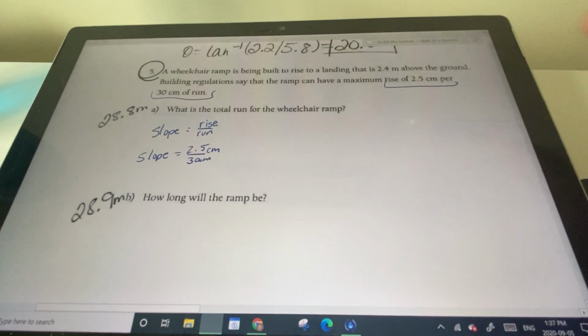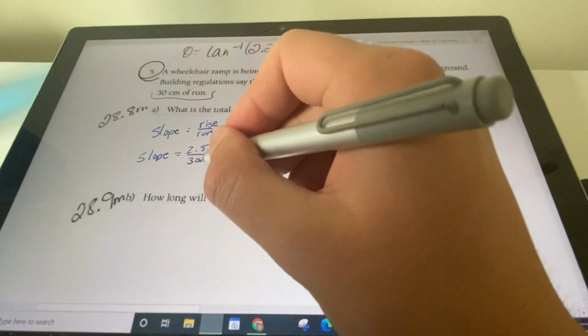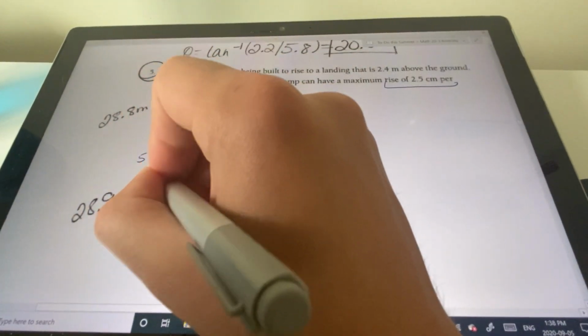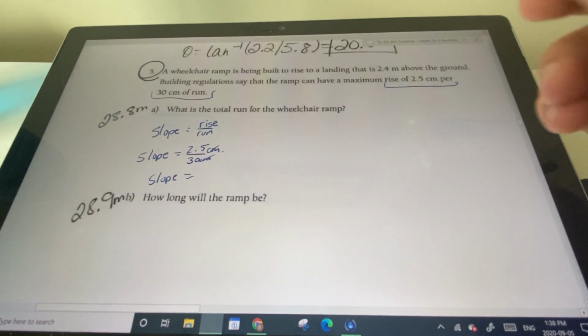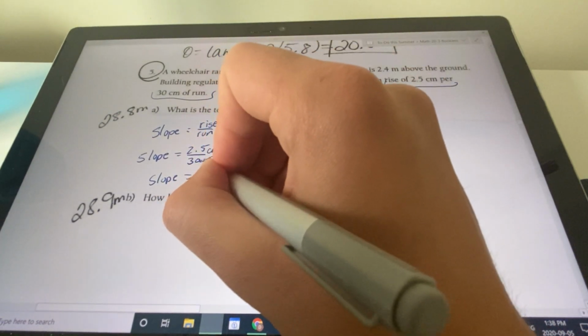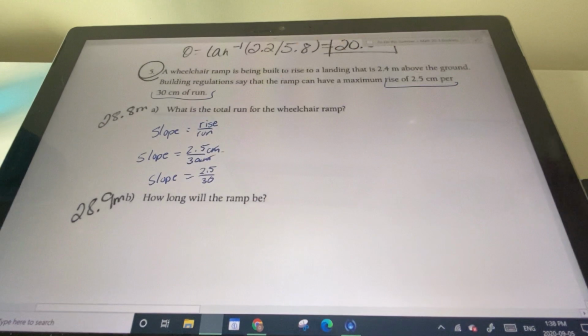Now, we have a slope. Again, we can technically get rid of these. Slope never has units. We just have to make sure the top and the bottom number to begin with have the same units. So slope equals 2.5 over 30.